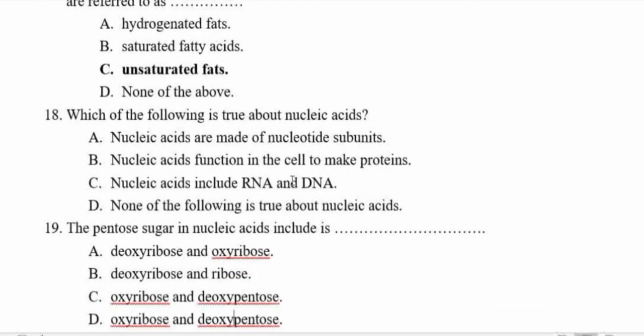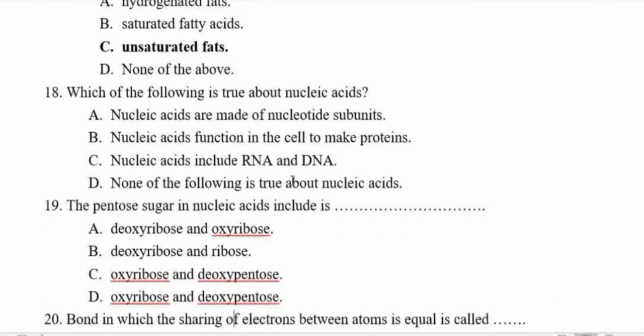Option 18, which of the following is true about nucleic acids? In other words, many things have been said about nucleic acids. Which one is true? The first one says that nucleic acids are made up of nucleotide subunits. The second one says that nucleic acids function in the cell to make proteins.